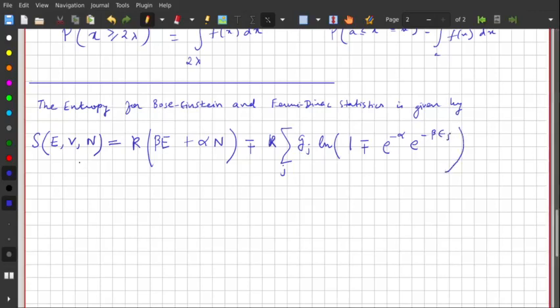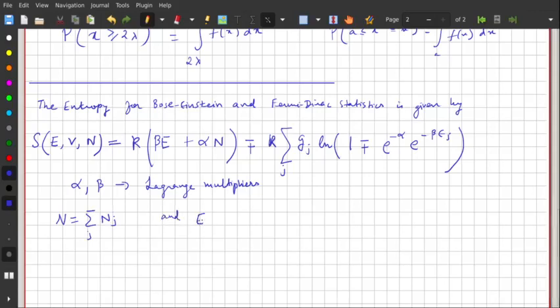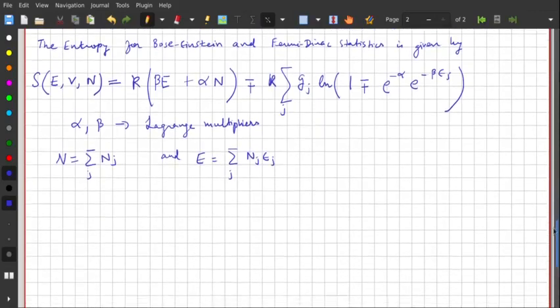Okay, where alpha and beta are the Lagrange multipliers. And N is the sum over j of n_j, and the total energy E is the sum over j of n_j epsilon_j. Okay, so those are the things that are given.